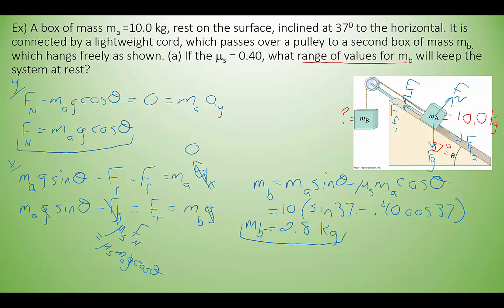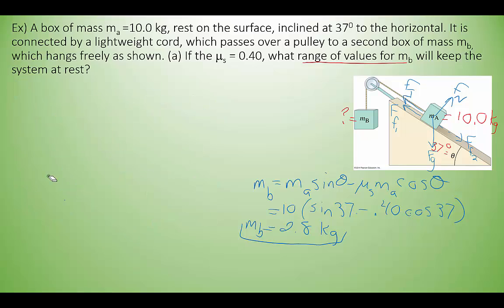Now we need to do the other situation to find out what happens when we have MB being large enough that it will tend to be pulled upwards. Okay, so for Newton's second law, when MB is large, we have that MA G sine theta plus the force of friction minus the tension force is equal to MA in the x direction, which again we want to be 0 because we don't want it to go anywhere.